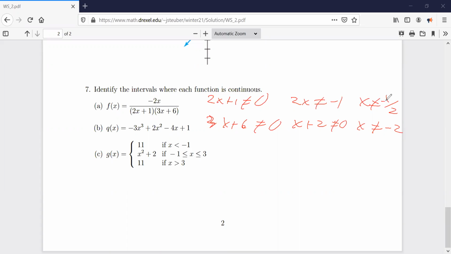Sorry, this should be -1/2. So these guys are the points of discontinuity. So what does that tell me? How would I write this out in interval notation for where it is continuous?